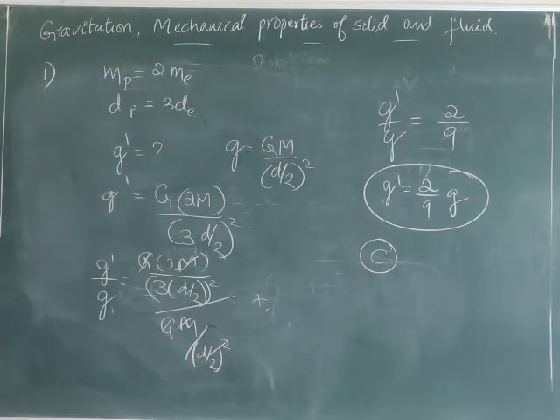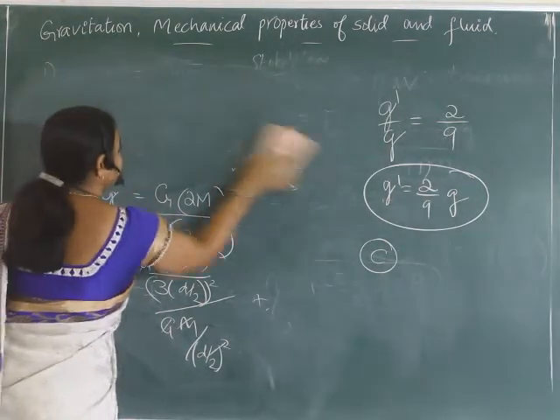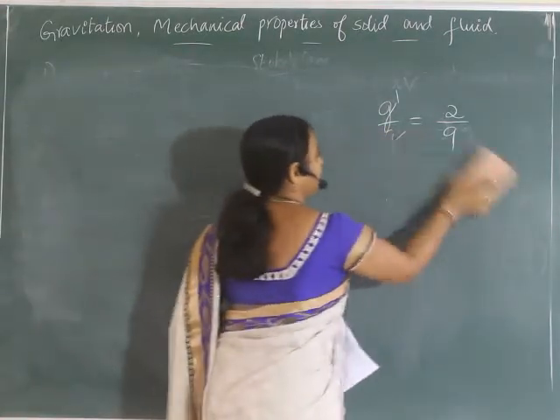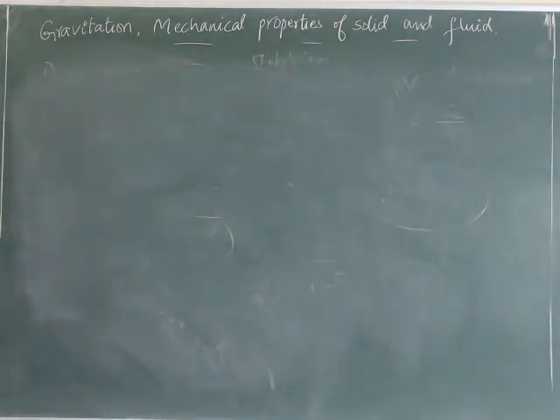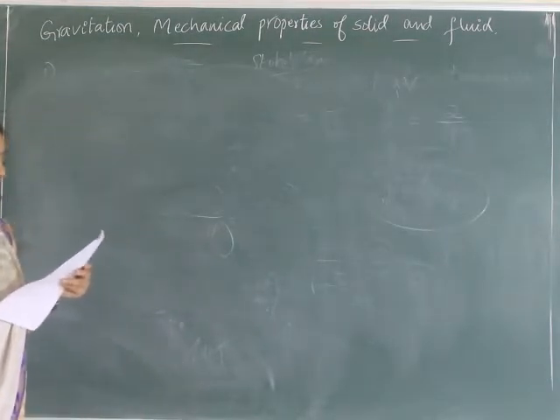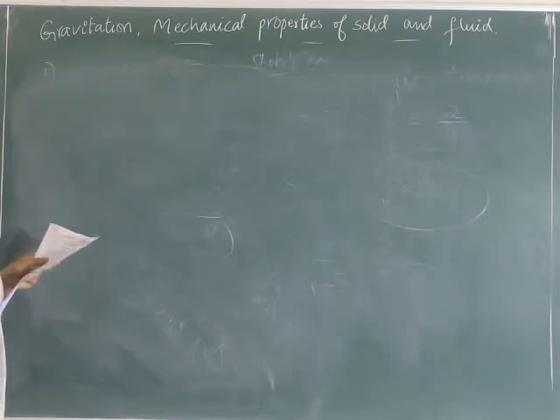The next concept is the second one. Second problem. Let us go through the second problem. That is, the depth d of a surface at which the value of the acceleration due to gravity becomes 1 by n times the value at the surface.